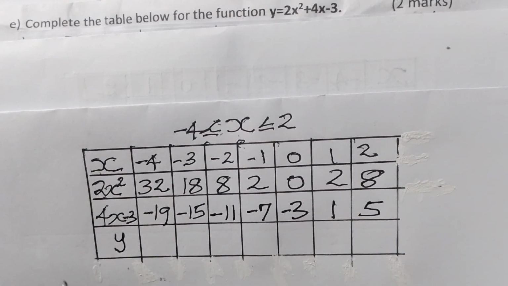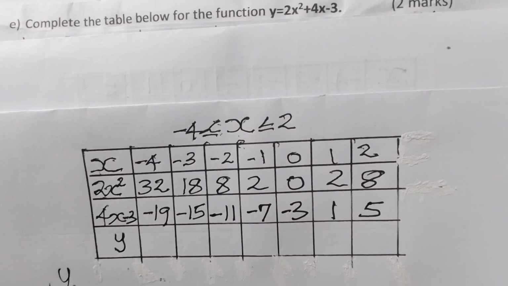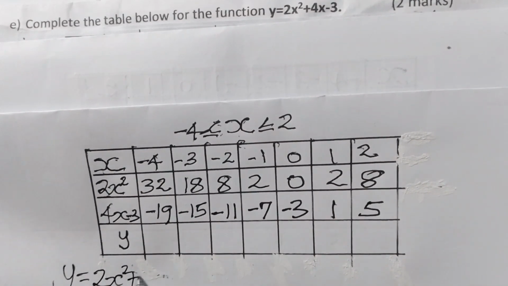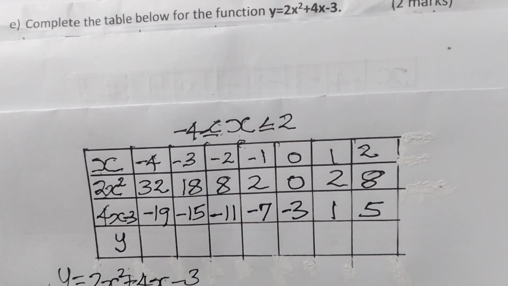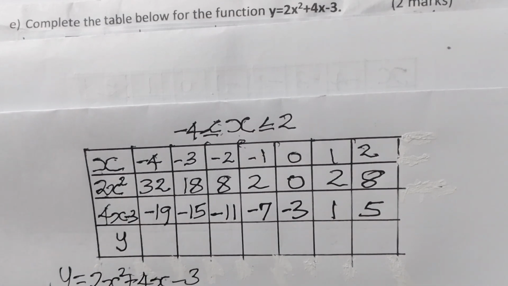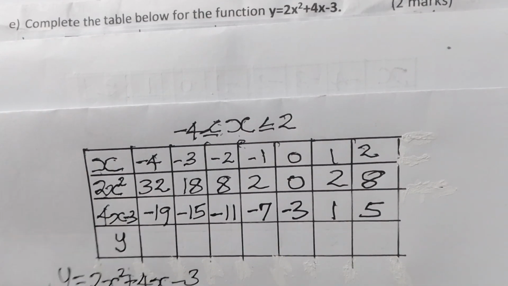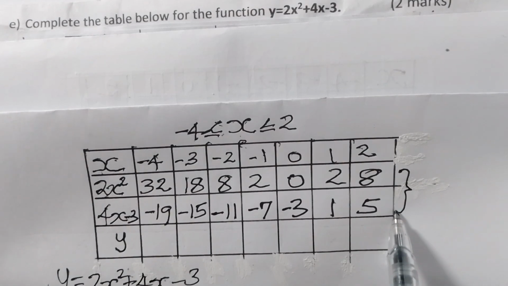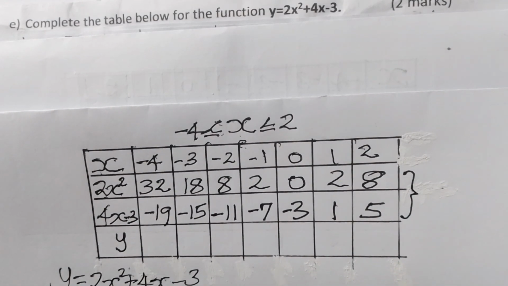Going by our equation, we have y is equals to 2x squared plus 4x minus 3. So the rule of BODMAS applies here because we have evaluated all that. So we shall get addition followed by subtraction. So we are going to consider these two columns, the second and the third column, to get the value in the fourth column.